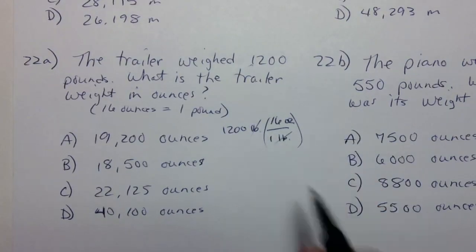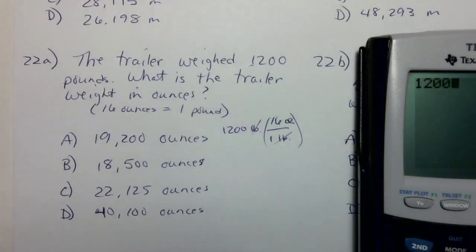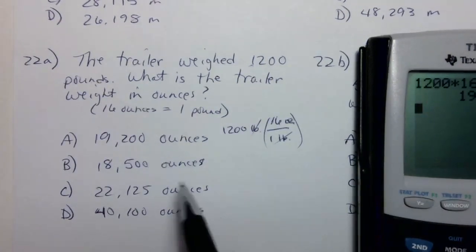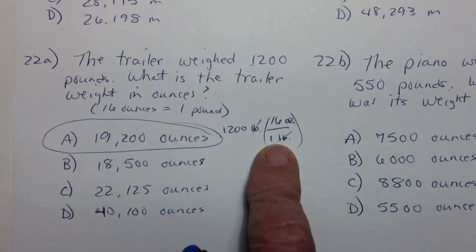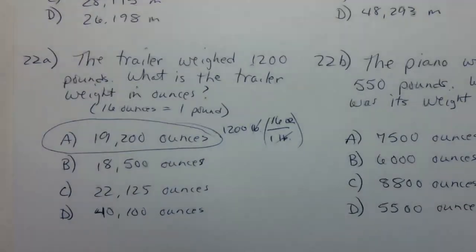So the pounds are gone. Once again, I'm going to multiply. 1,200 times 16 is going to be a big number. And it's going to be big because I'm taking it from a bigger unit to a smaller unit, so there's got to be a lot more of them. Okay, if your chart is set up correctly, you don't have to worry about whether it's right or not.